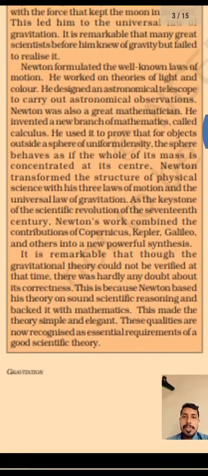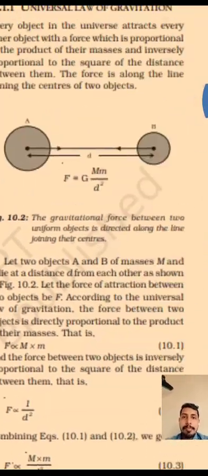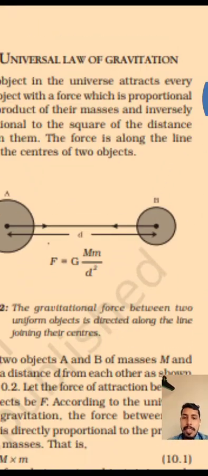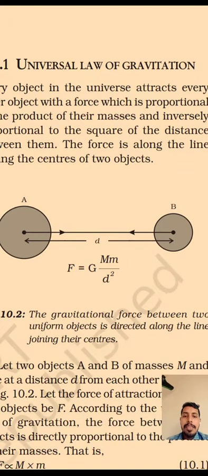Here itself you can see in that equation. If you consider d is 6, then F is equal to G M m divided by d square, that is, F is equal to G M m divided by 36. That is 36 times smaller. If it is 5, then F is equal to G M m divided by 25, 25 times smaller.